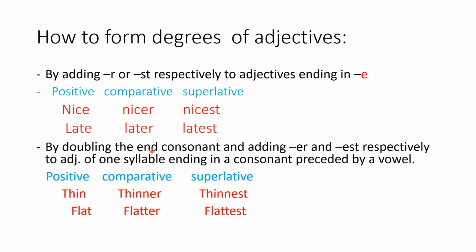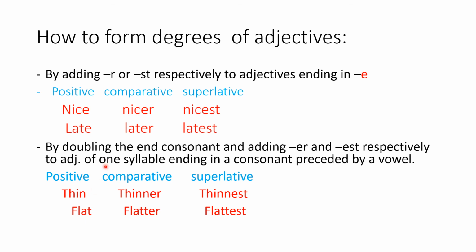By doubling the end consonant and adding er and est respectively to adjectives of one syllable ending in a consonant preceded by a vowel. देखिए समझ नहीं आ रहा ना आपको sentence? Let me clear. Suppose there is a word thin. In this word i is a vowel and n is a consonant.